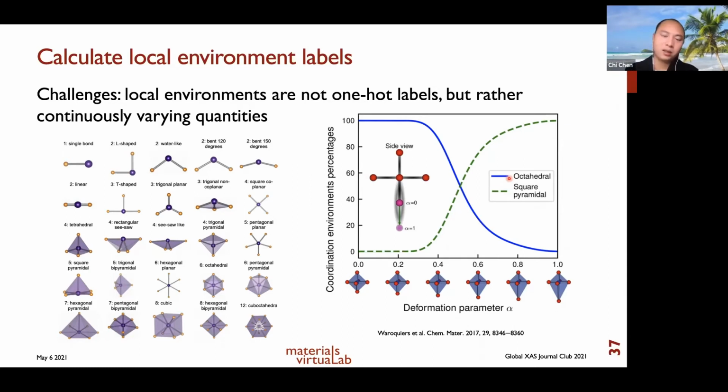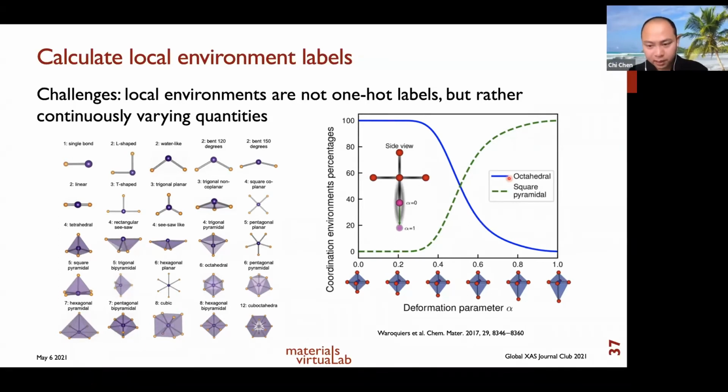Depending on the similarity score, you can know that, okay, this environment is 80% octahedral or 20% tetrahedral. So that's represented as a continuous number instead of a binary label. That's quite an innovation here.